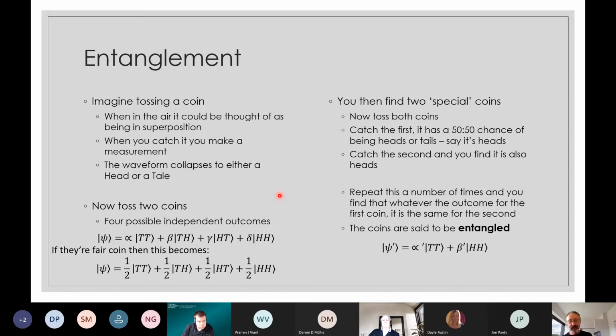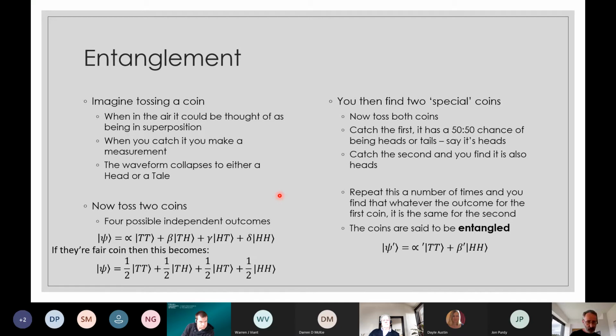So if the first one was heads and you catch the second, it's heads. If the first one was tails, the second is tails. So you've entangled the two. They're no longer independent of each other.